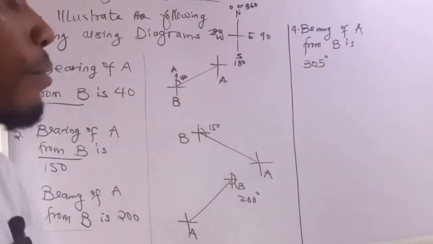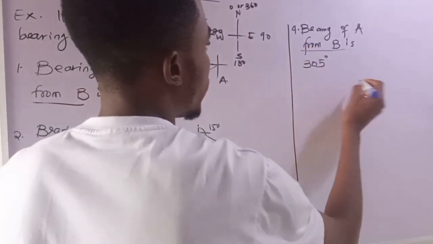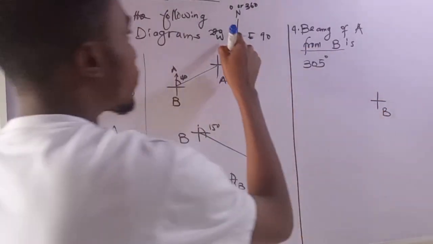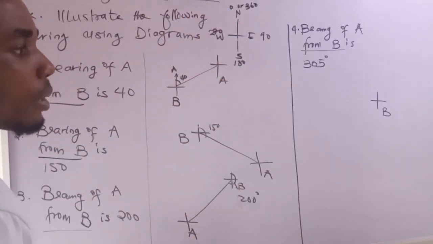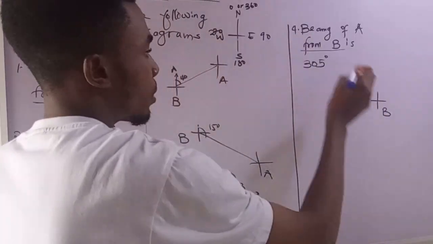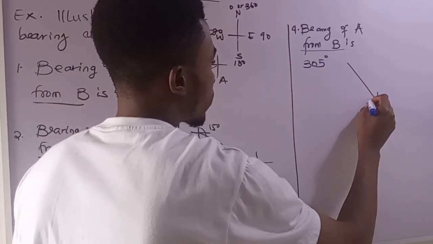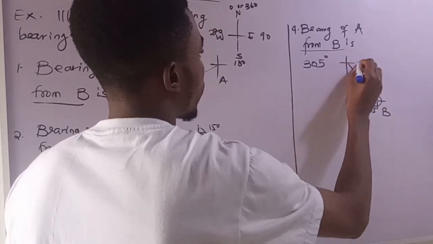And finally we have 305, and still from the point B, so we have here to be point B now, and 305 is found on the last quadrant, which is the fourth quadrant, because we have 270 and 360 to be there. So 305 is found here, and our measure is from the north, so down to the line is 305 down to point A.